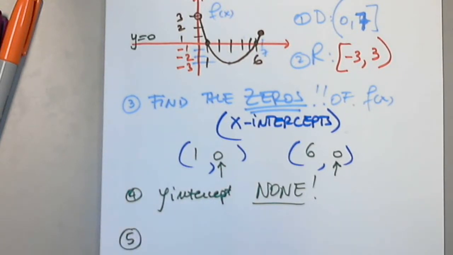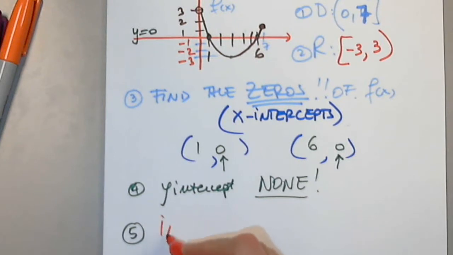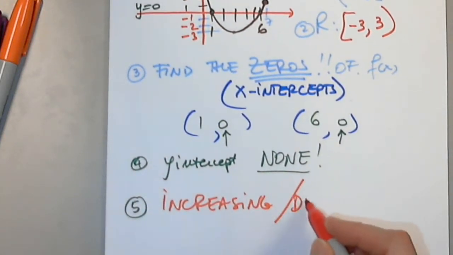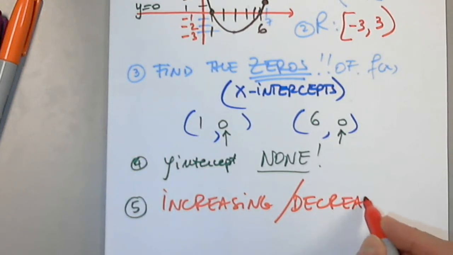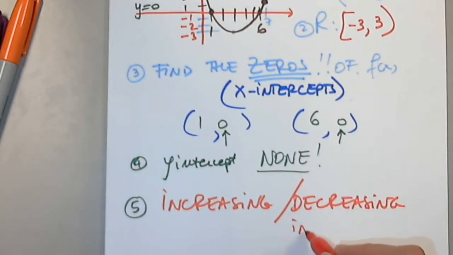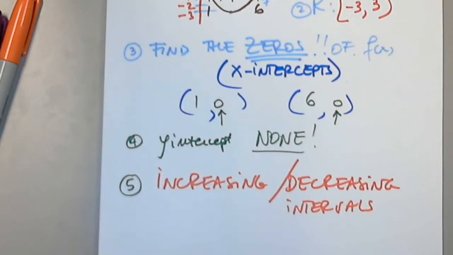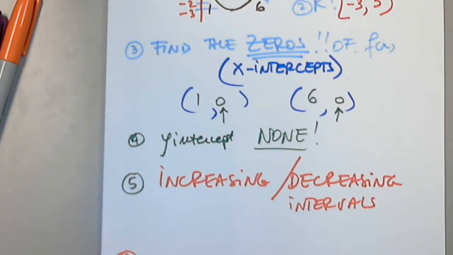Number 5. I would like to talk about increasing, decreasing intervals. Number 6, local max, local min.